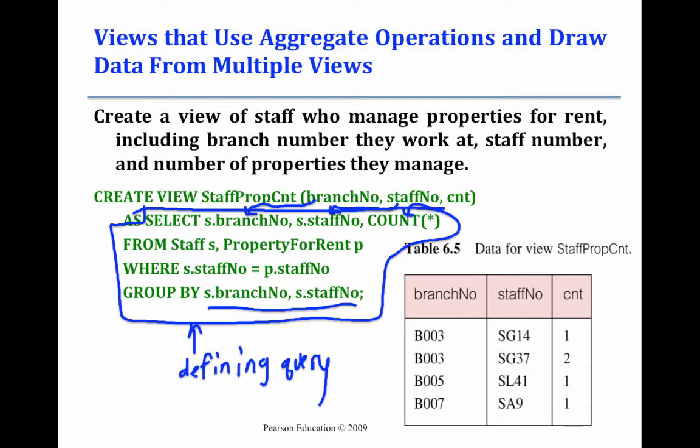So even though I did not need to group on the branch number, I wanted to include the branch number in the view, in the result. And therefore, I included it in the group by clause so that I could also include it in the select clause. So that's a trick.